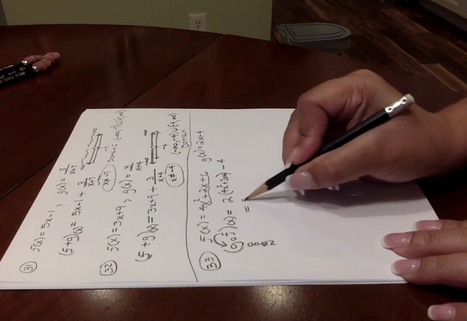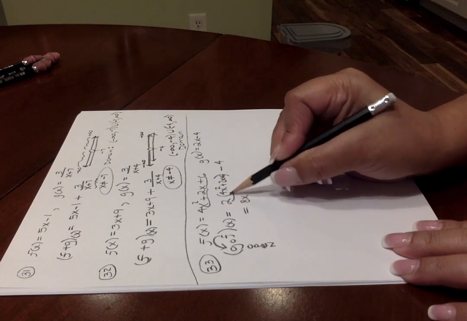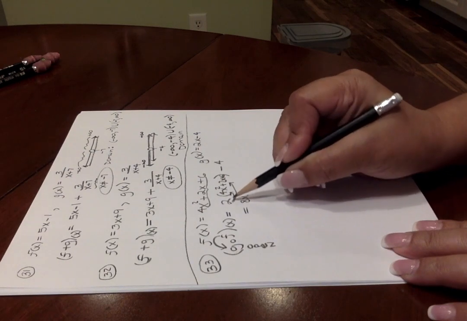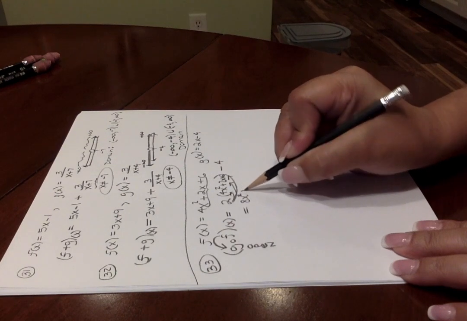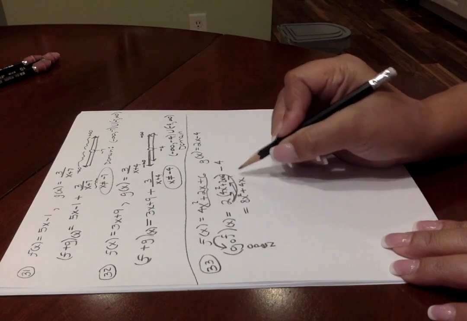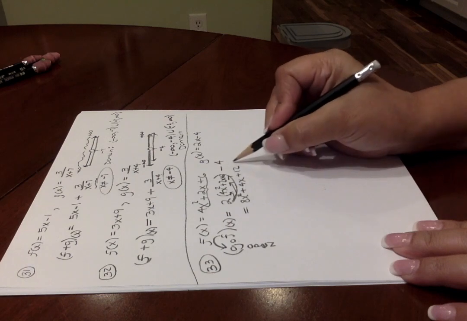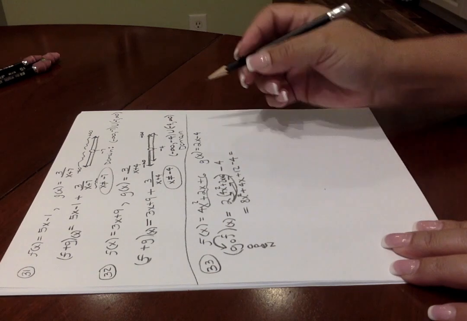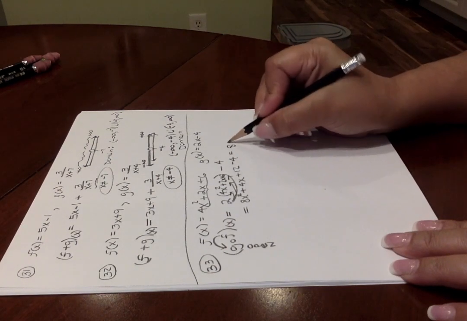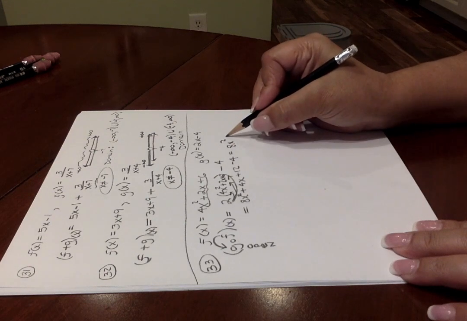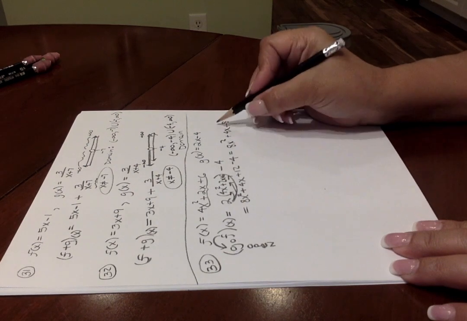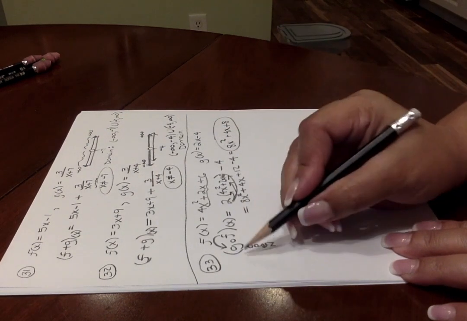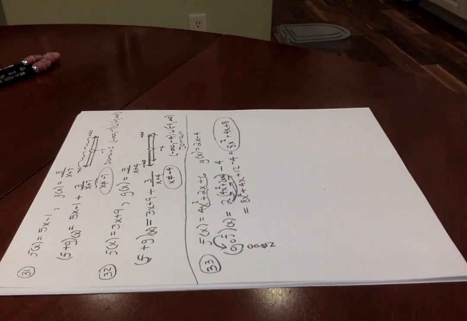Multiplying everything by 2 would give you 8x squared plus 4x plus 12. Drop down that negative 4 and continue combining. So it's 8x squared plus 4x plus 8. And that is g composed of f.